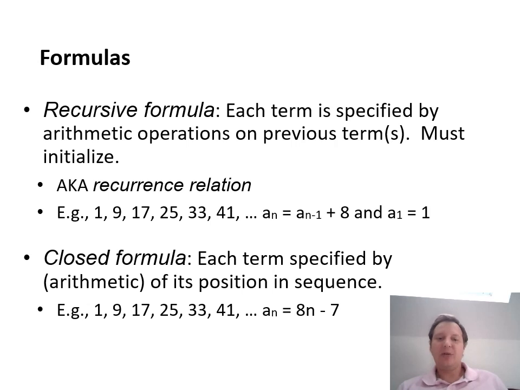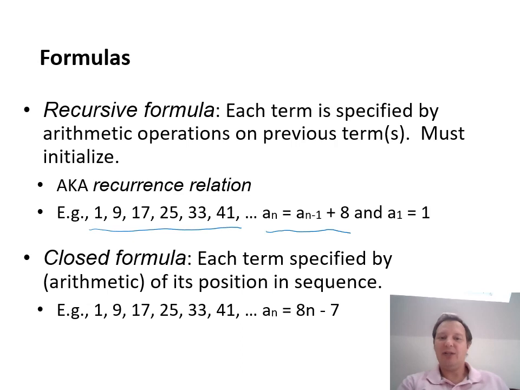The one where we relate each term by arithmetic operations to previous terms is called the recursive formula. In this case, we also need to initialize the initial terms in the sequence. Here is an example. This sequence can be described as a of n is equal to a of n minus 1 plus 8.